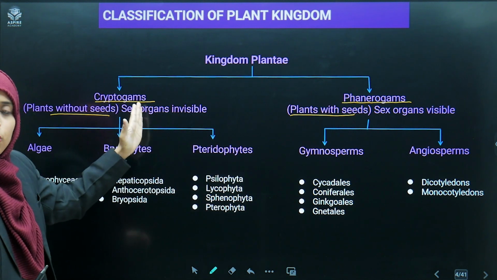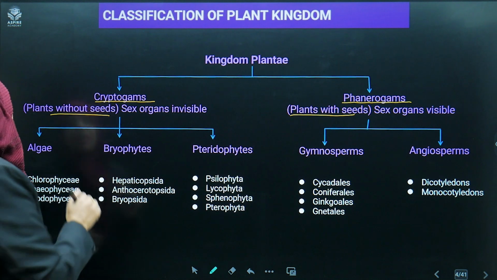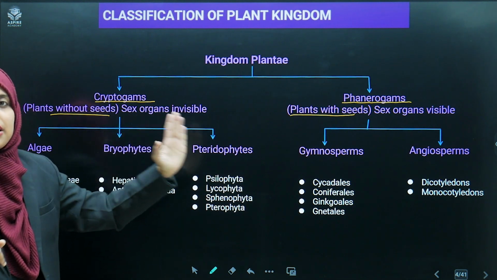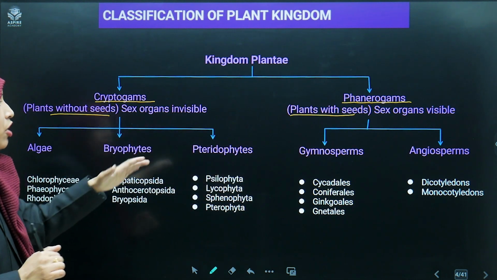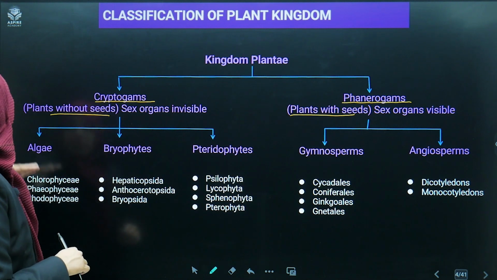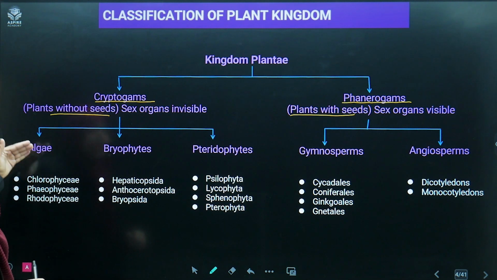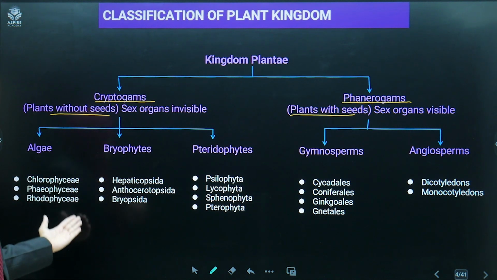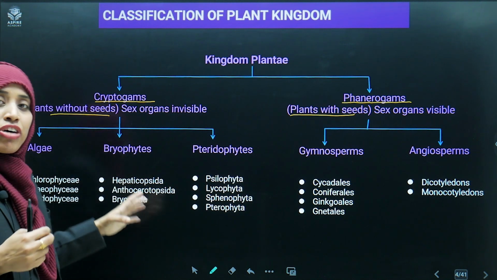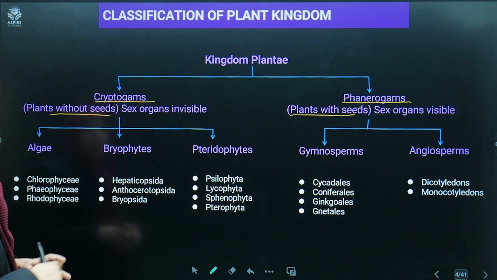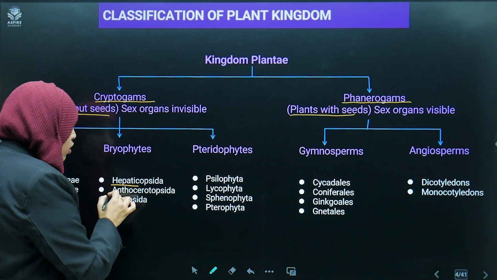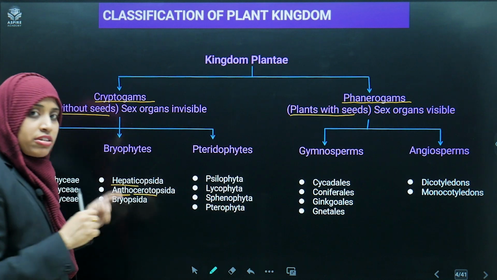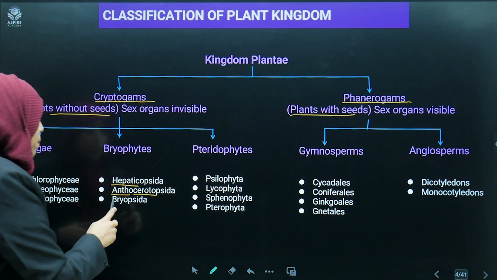Now cryptogams can be categorized as algae, bryophytes and pteridophytes. If you go into more detail about the different classes, algae are of three types: chlorophyceae, phaeophyceae, rhodophyceae. Bryophytes, if you categorize them: hepaticopsida, then anthoceratopsida, then bryopsida.